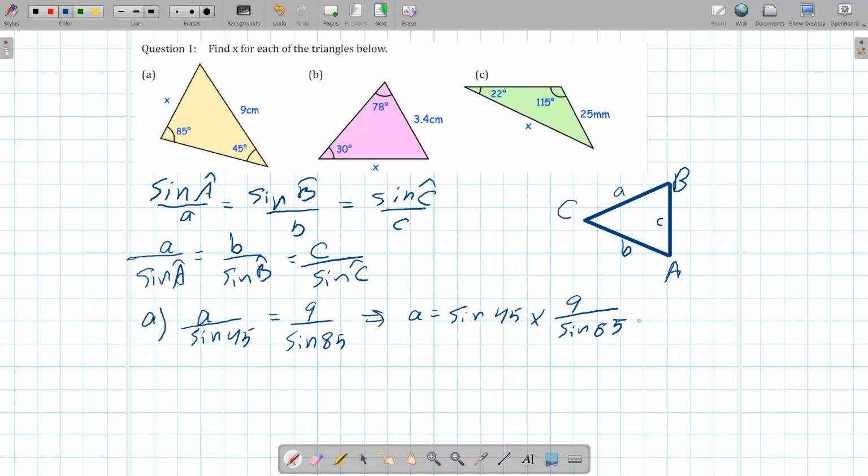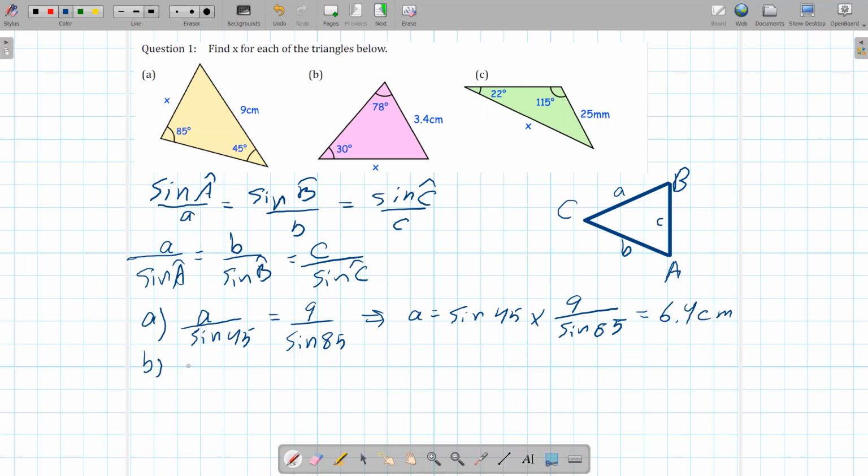Sine 45 times 9 divided by sine 85 will be 6.4. Then 6.4 centimeter.